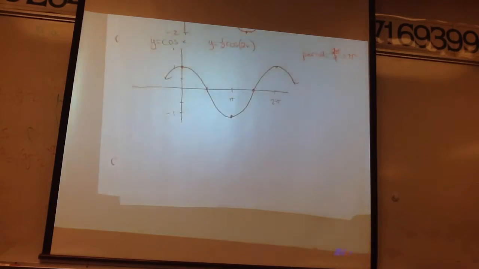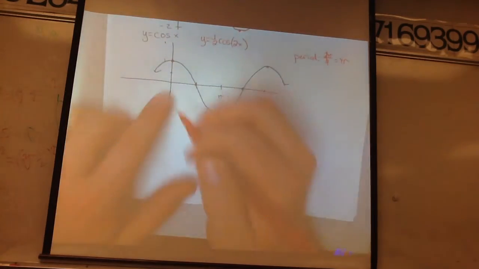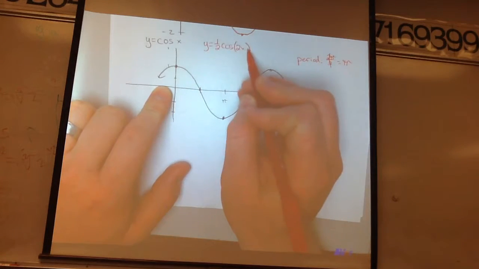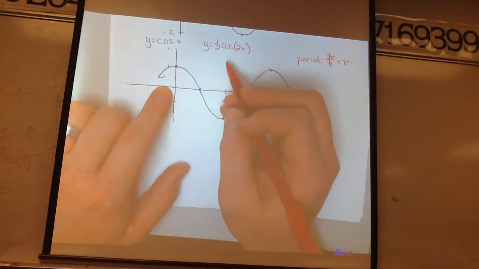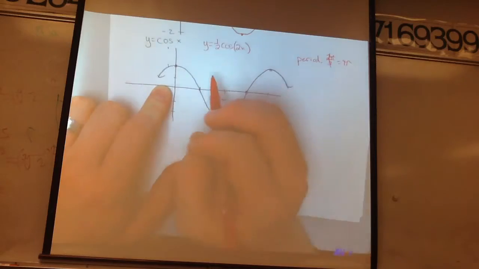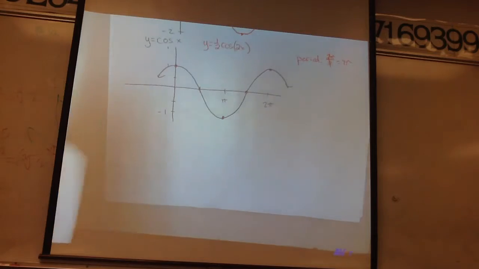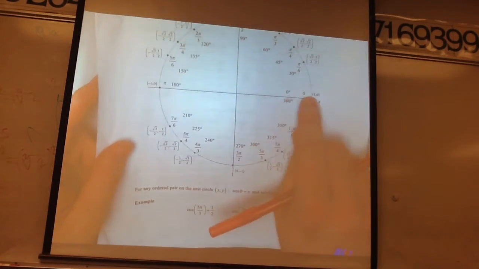So here's how you can graph it really easily. Just pick a point, start at 0. If I plug in 0 for x, I get the cosine of 0, which is 1.